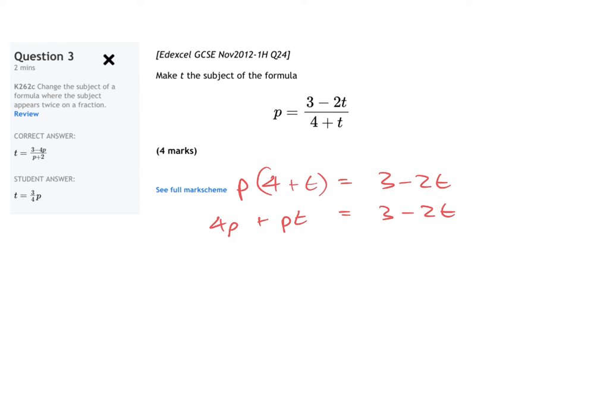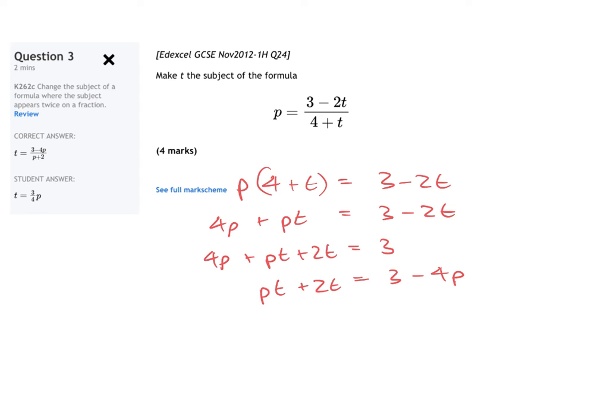I want my t terms to be on the left, so I'm going to add 2t to both sides. So 4p plus pt plus 2t equals 3. And then I'll subtract my 4p from both sides because there's no t involved in that particular term. So I've got pt plus 2t equals 3 minus 4p.